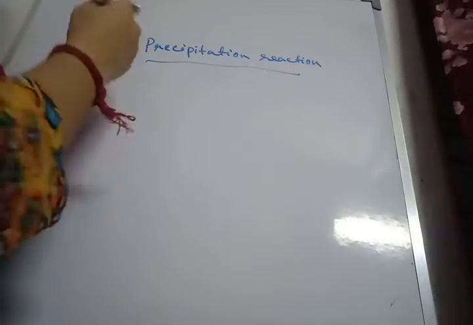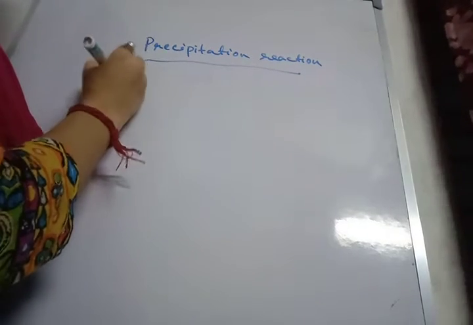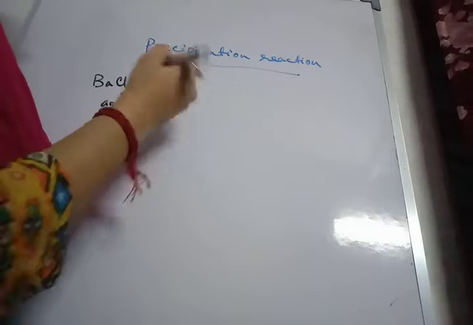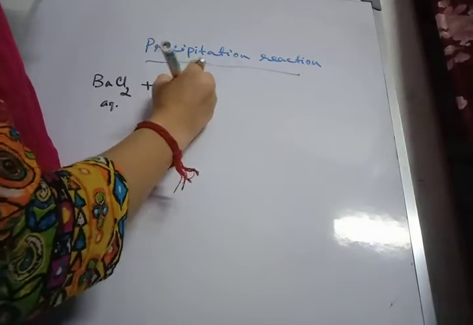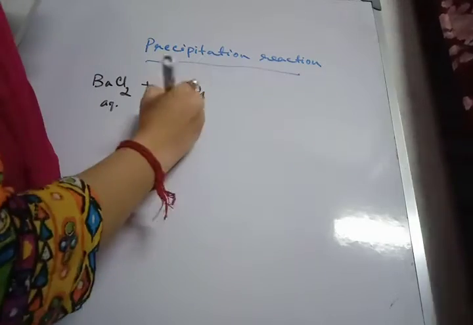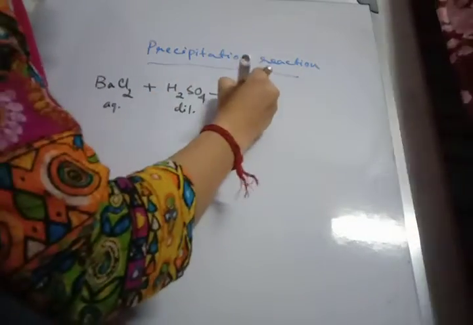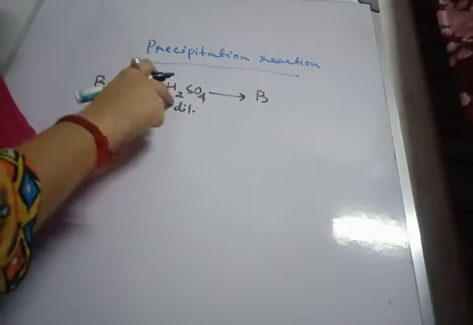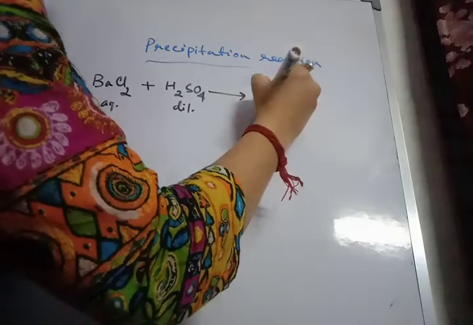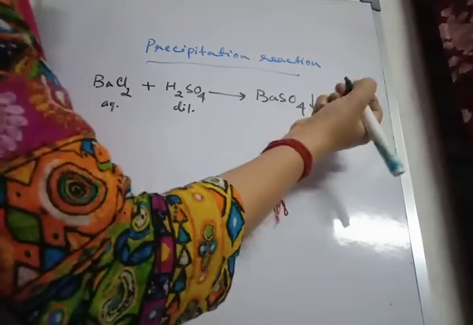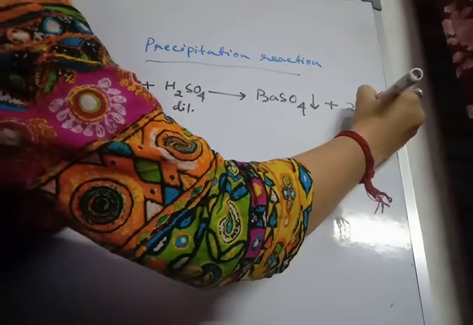The first equation: barium chloride solution and dilute acid. Double decomposition means barium will be forming a bond with sulfate and hydrogen will be forming a bond with Cl. So barium sulfate, which is your insoluble one, plus 2HCl.